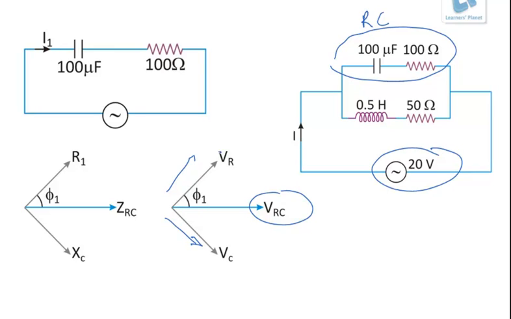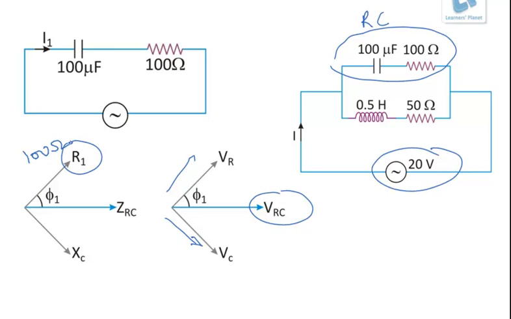This we already know, and the resultant of VR and VC will be in this direction, VRC, which is the applied 20 volt voltage.